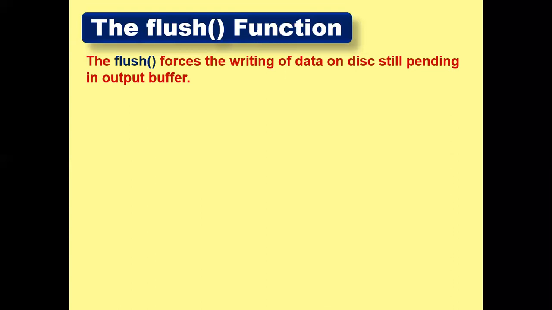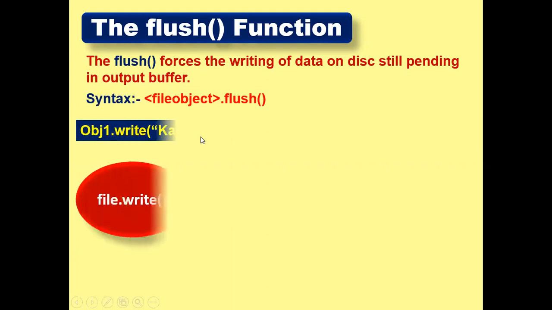But if you don't want to use a close function, we use a flush function, and it forces that data to pass from the buffer to a secondary storage, which represents permanent storage, because the buffer is a temporary storage, and once it moves from the buffer to a secondary, it is considered permanent storage. Say yes or no if the concept is clear.